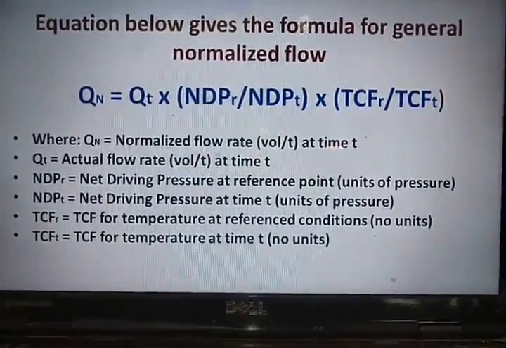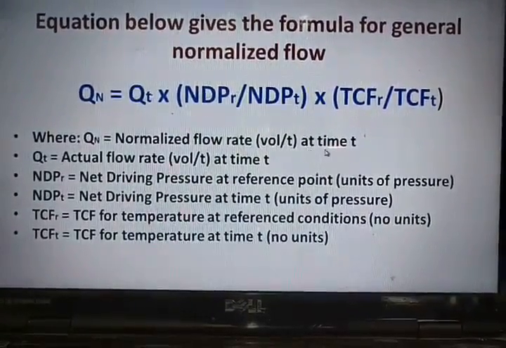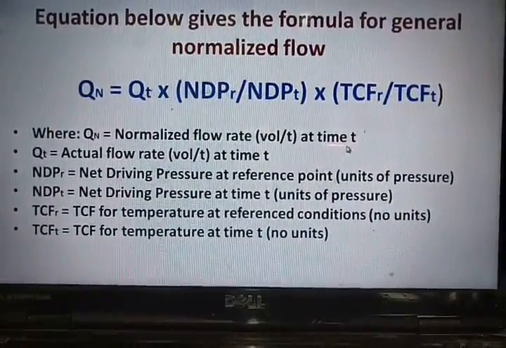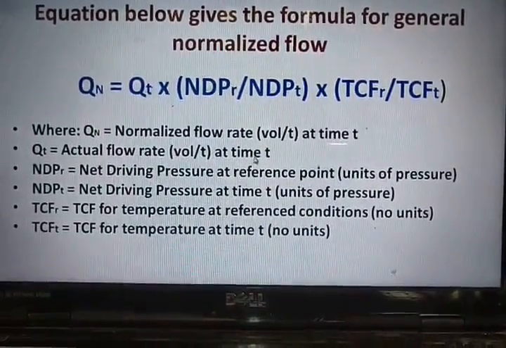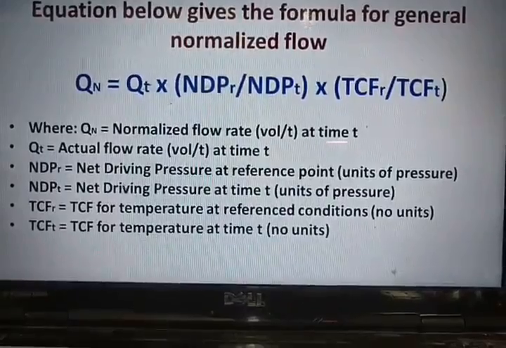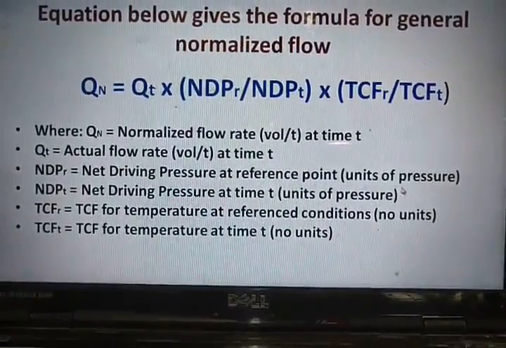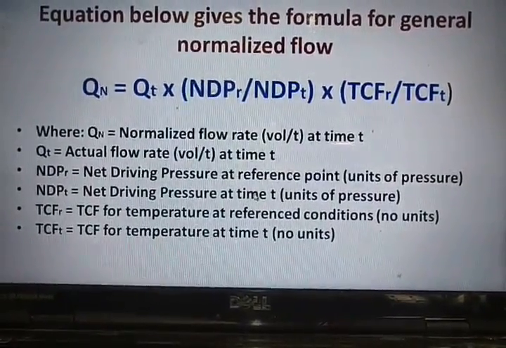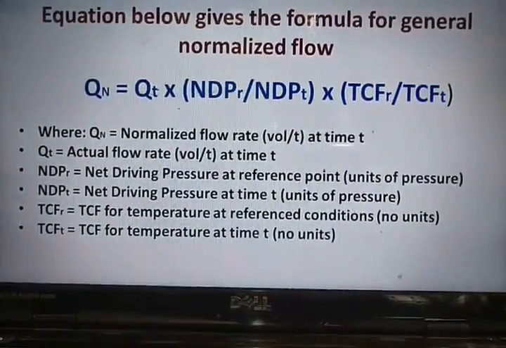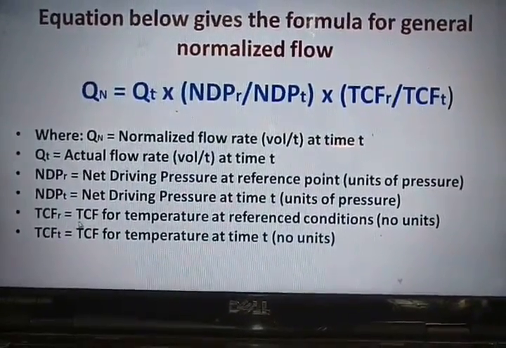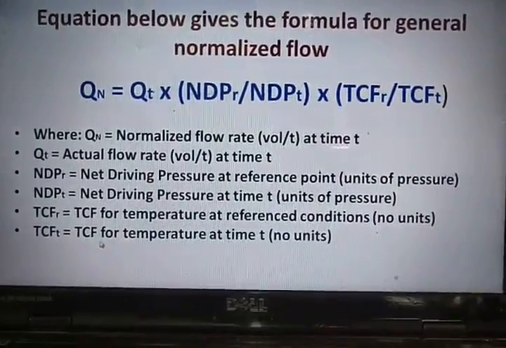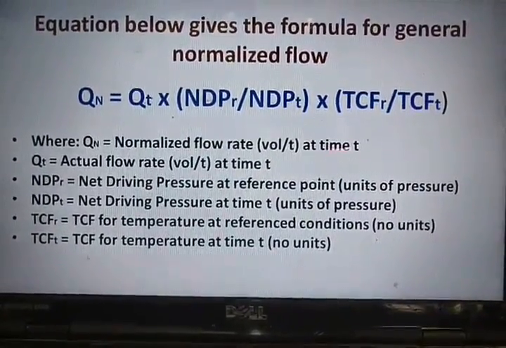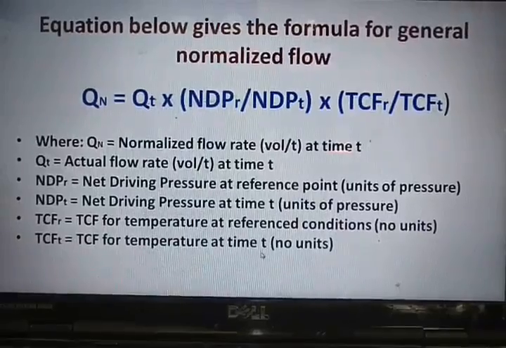Here Qn is the normalized flow rate, Qt is the actual flow rate, that is volume at time t, NDPr is net driving pressure at the reference point, NDPt is net driving pressure at time t, TCFr is temperature correction factor for temperature at reference conditions, and TCFt is TCF for temperature at time t.